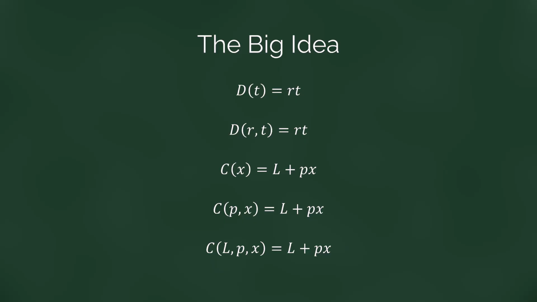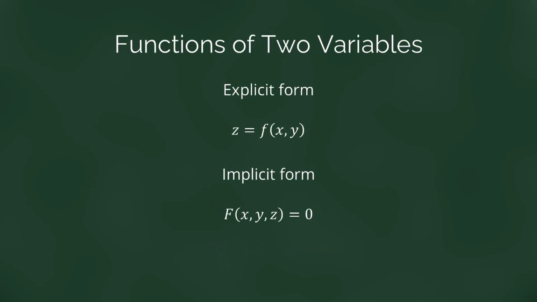Over the next several videos, we'll take a dive into the mathematics of these functions so that we can understand their structure and the implications that those have for real-world applications. We'll spend most of our time looking at functions of two variables, which come in the explicit form z equals some function of x and y, or the implicit form f of x, y, z is equal to 0.